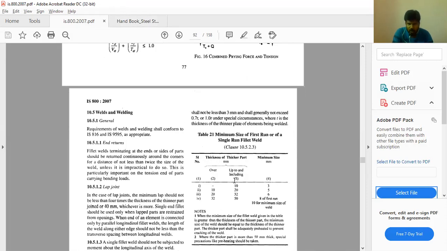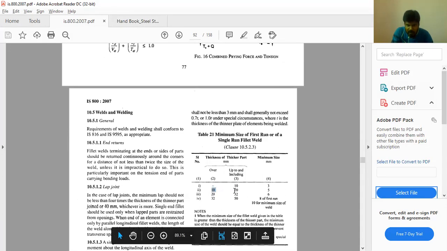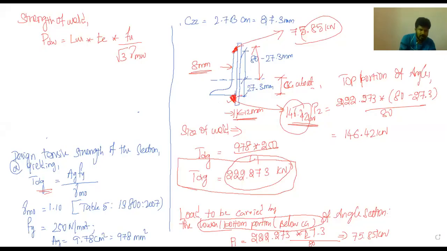From table number 21, the maximum thicker plate is 12 mm, so it lies between 10 to 20 mm, so the size of weld becomes 5 mm. Okay, let us go to the problem. So the size of weld S is equal to 5 mm. Therefore, throat thickness T is equal to 0.7 times 5 mm, which becomes 3.5 mm.